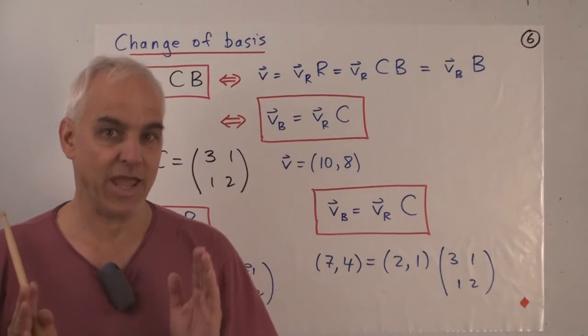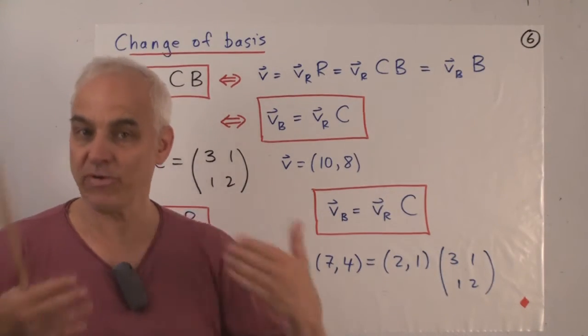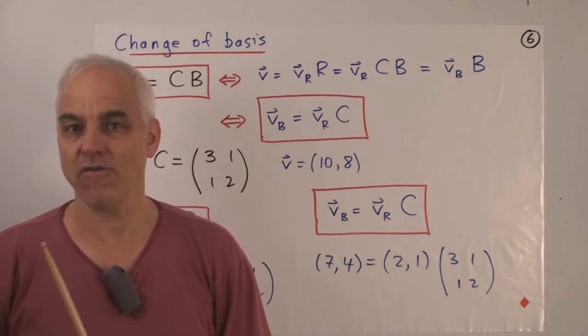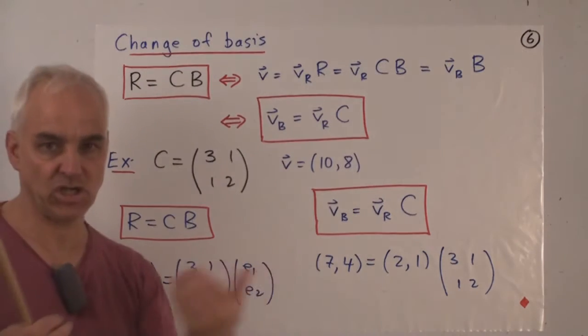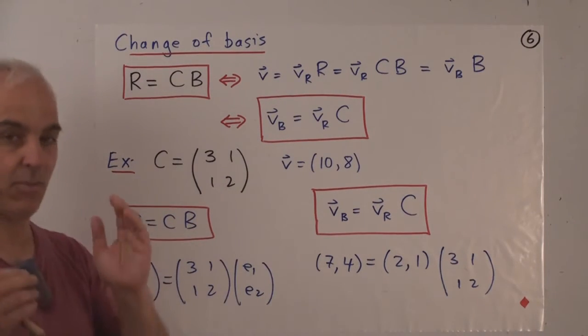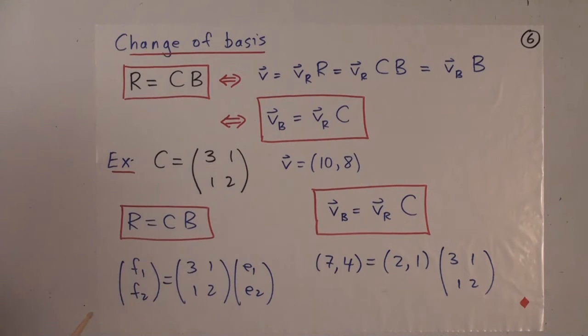Okay, so now let's have a look at how a change of basis is interpreted in this language involving matrices. We'll look at the relationship between two different bases, and we're going to stick with our example of Bob and Rachel's systems.